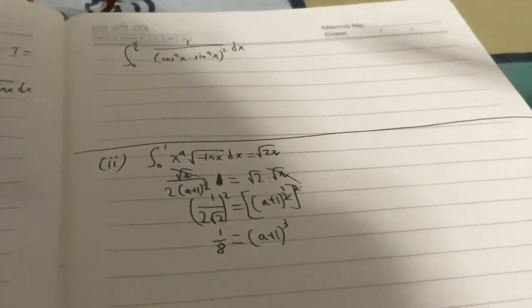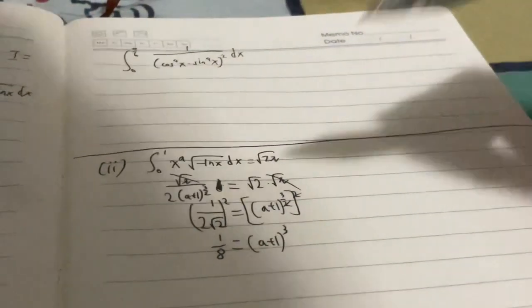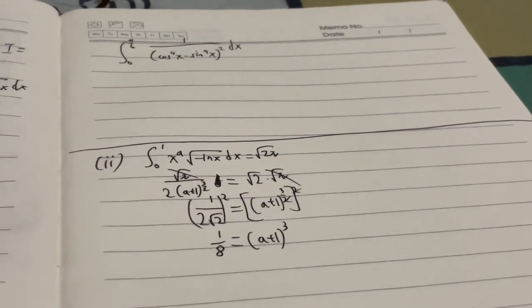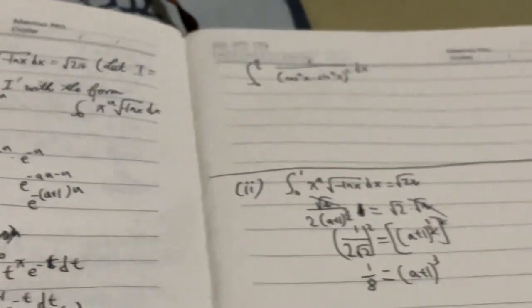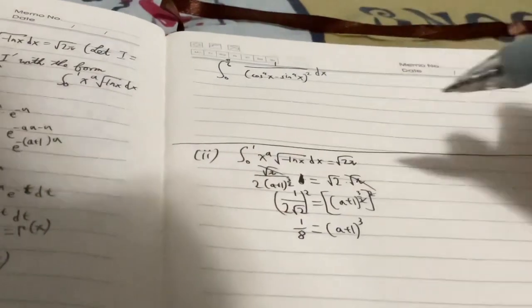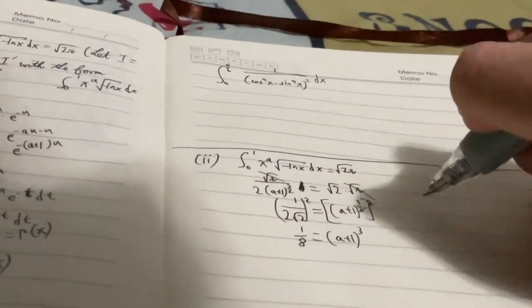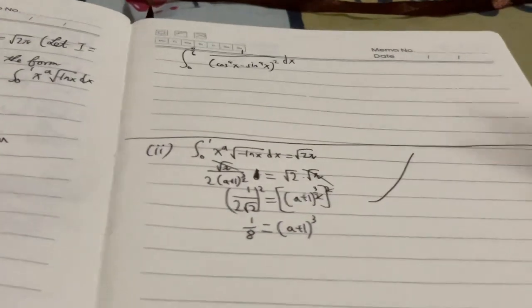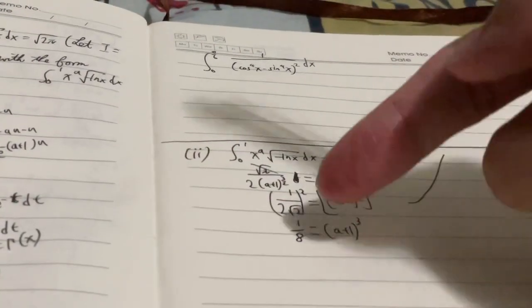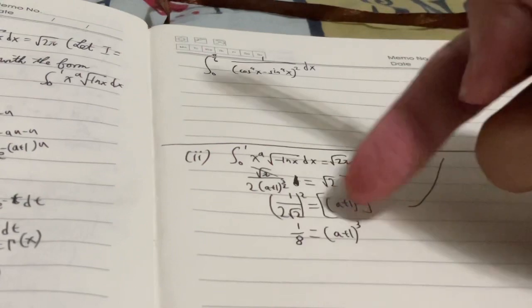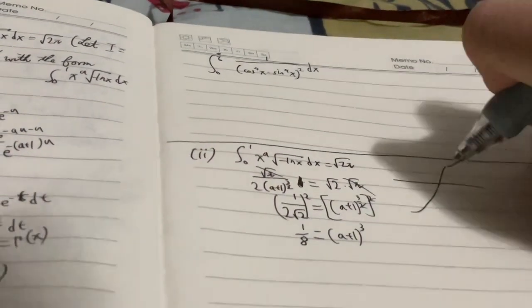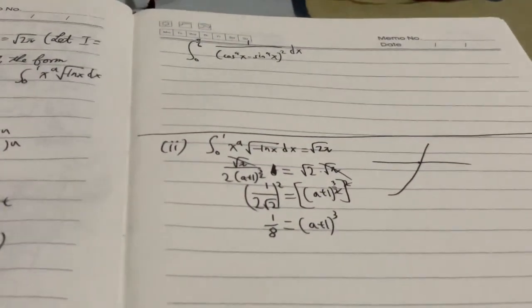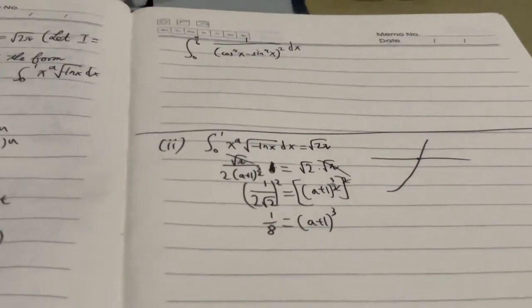Whenever a is greater than -1, you keep getting a positive number, right? So for this, the graph should look like this, increasing, right? When a is greater than -1, (a plus 1) to the power of 3. So far you only have one solution to this, but I'm still going to show you how to do this.